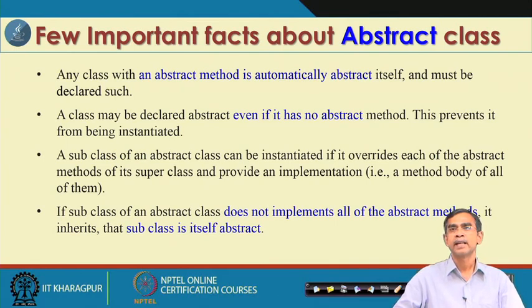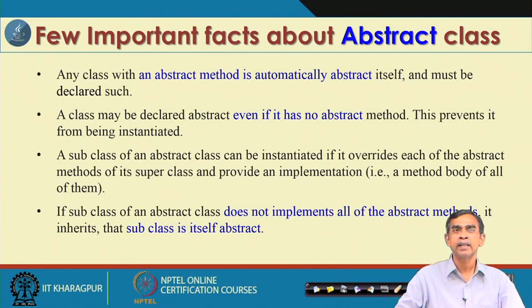An abstract method makes its class abstract, and a class may be declared abstract even if it has no abstract method. This prevents it from being instantiated. Regarding instantiation, we will discuss it in detail, and then we should have a good demo on it so that you will be able to understand it.